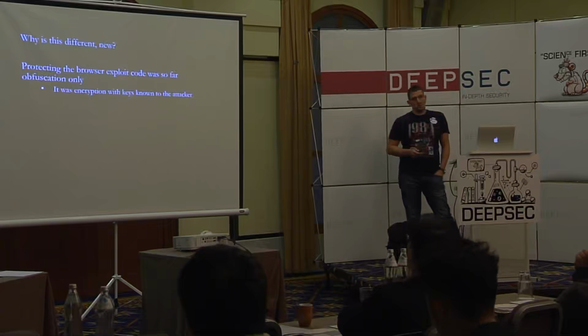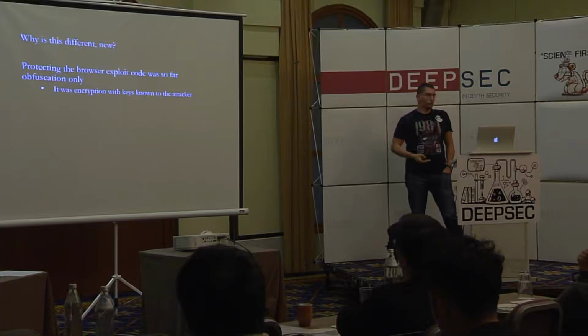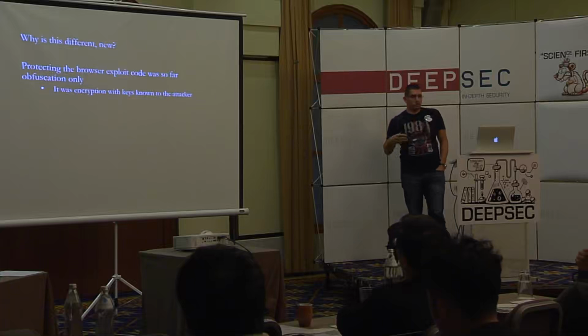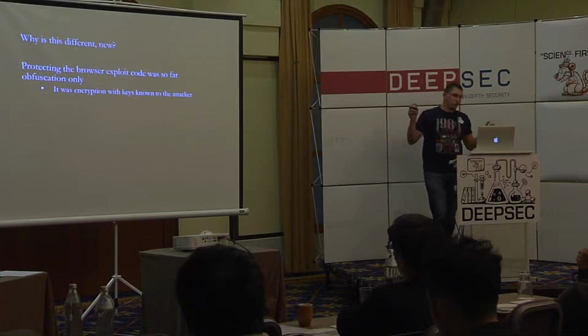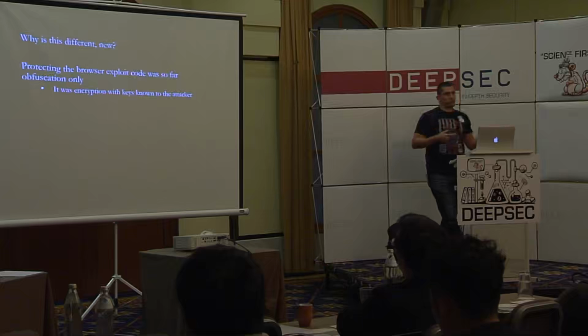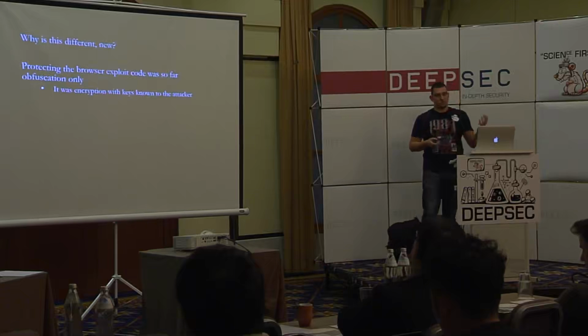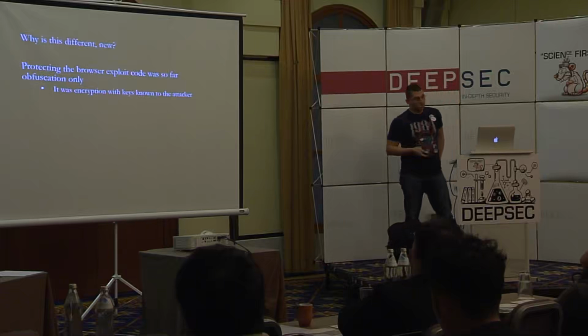And sometimes they have used encryption, but they have sent the encryption decryption keys together with the encrypted content. So this is not a real encryption, because reverse engineers can use this key to decrypt the content, so it's not a real protection.